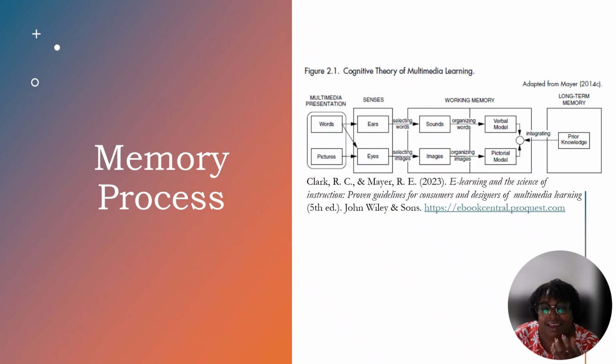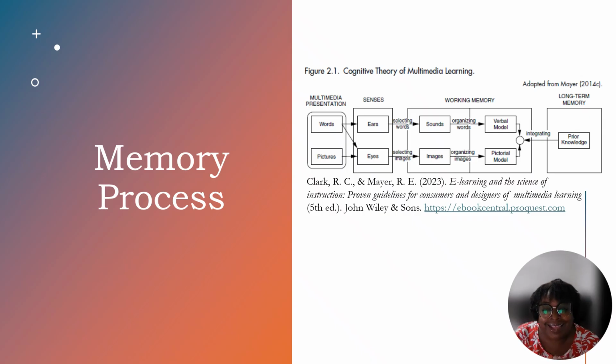If it is audio mixed with a picture, then your words are going down one channel, the pictures are going through another channel. This is called a dual channel process. And this dual channel process is important for reducing cognitive load. And so the words go through the ears. These are our senses that are detecting this multimedia presentation.